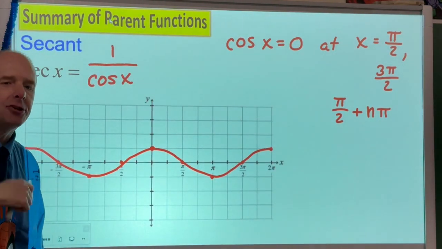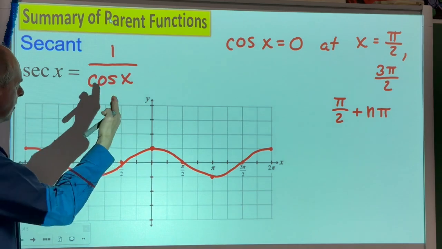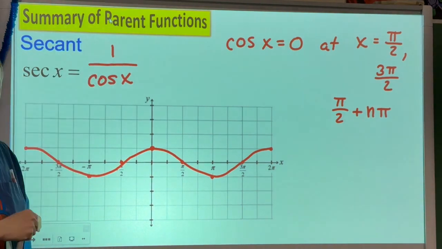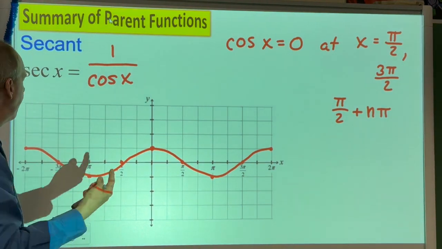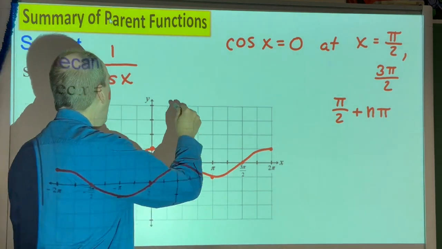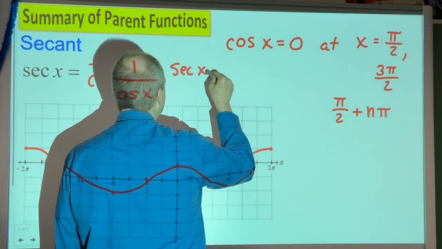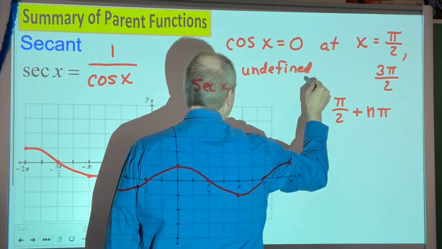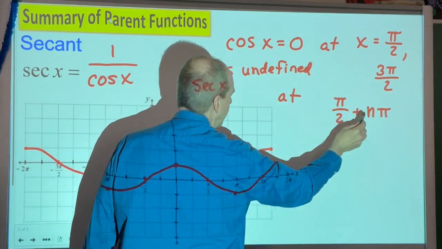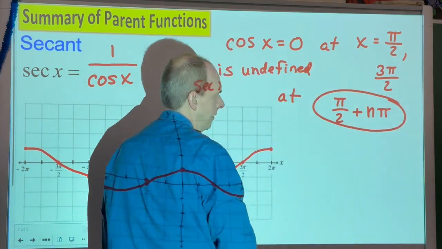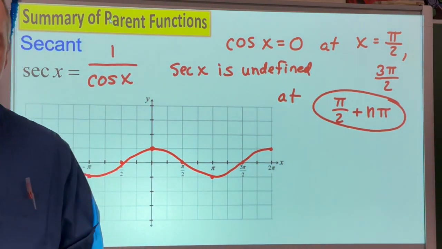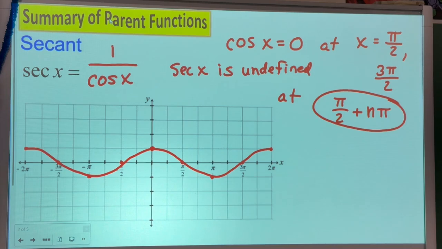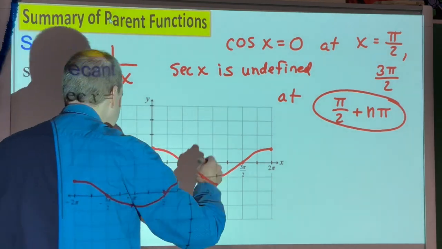And what happens at each of those points is cosine is 0, which means 1 divided by 0 is undefined. Therefore, secant is undefined at every pi over 2 plus n pi, which means we have a vertical asymptote everywhere that happens.